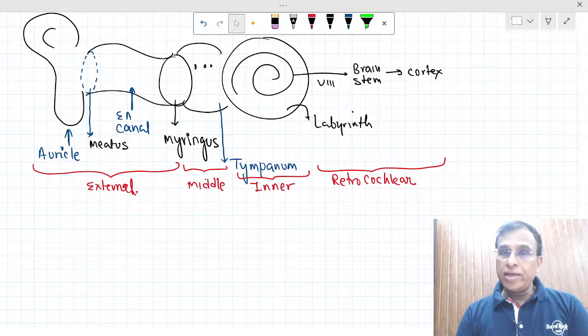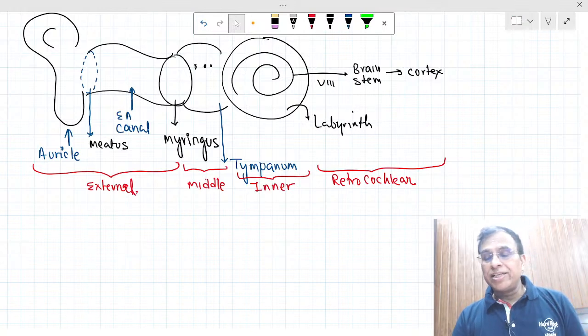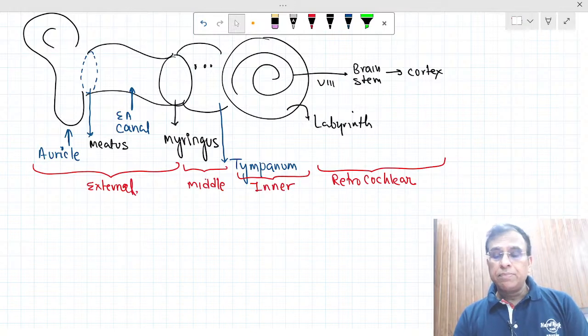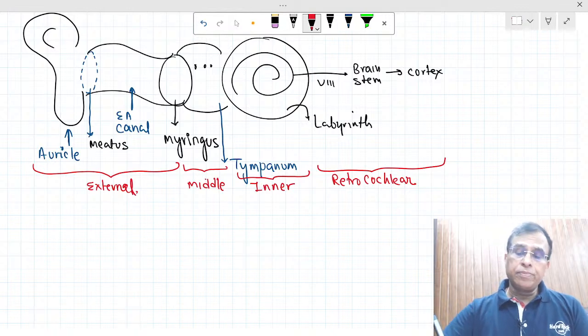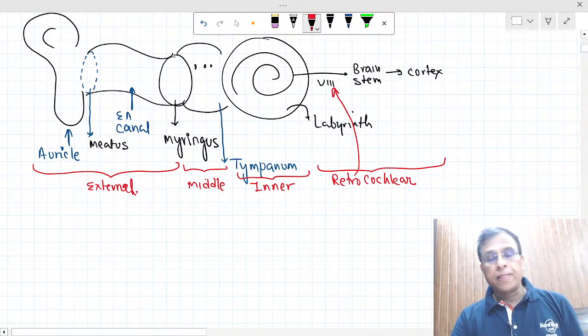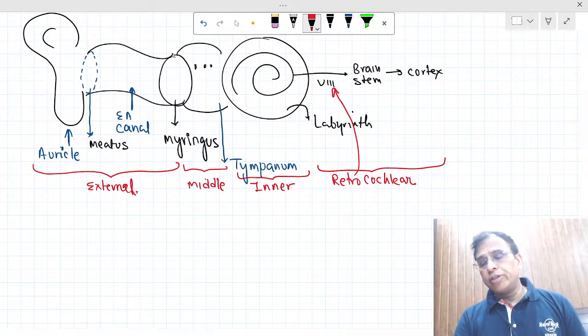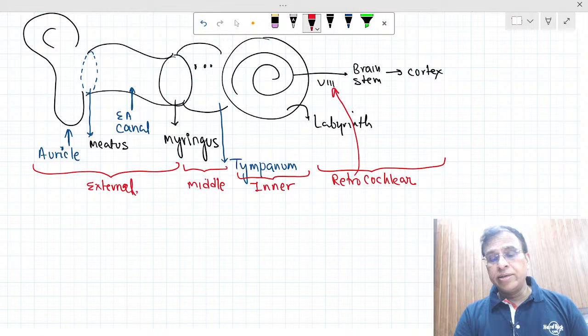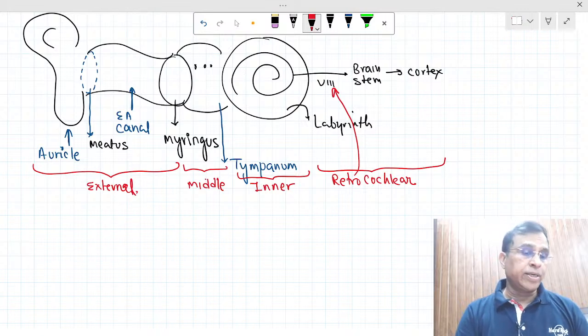Now, although technically retrocochlear means everything after the cochlea, but for you and me, retrocochlear only means eighth nerve. Only eighth nerve, right? So the moment you hear the word retrocochlear, what should come to your mind? The image of the eighth nerve should come to your mind.